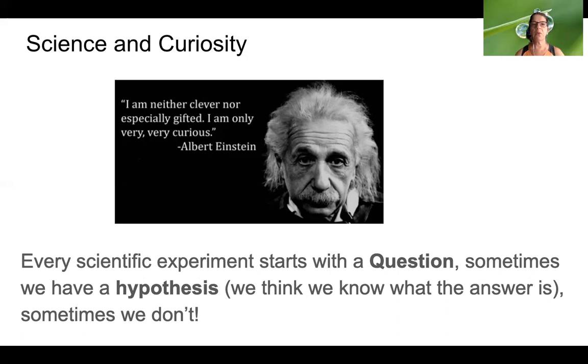Remember this, because many studies have shown that the biggest predictor of success is curiosity. If you're curious, you're motivated to find answers to your questions and to solve problems, and then you will be learning and growing for the rest of your life.